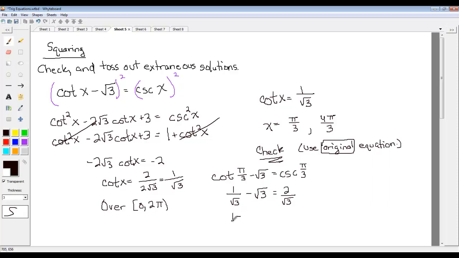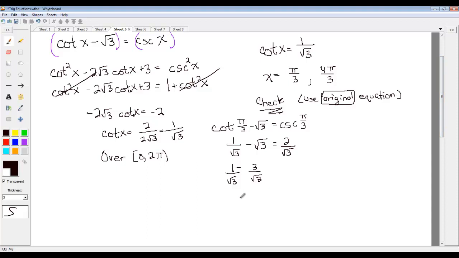On this side, I get negative 2 over square root of 3 equals positive 2 over square root of 3. That doesn't work. So pi over 3 gets tossed.